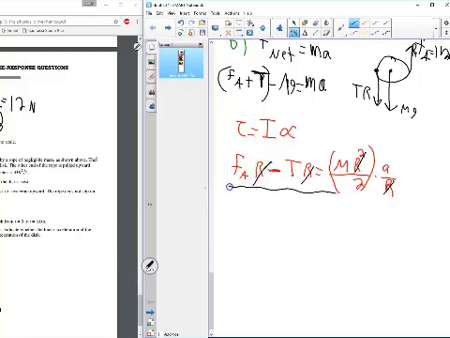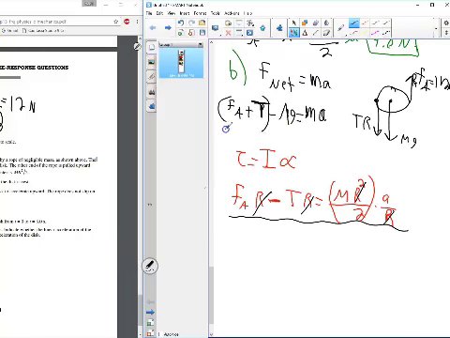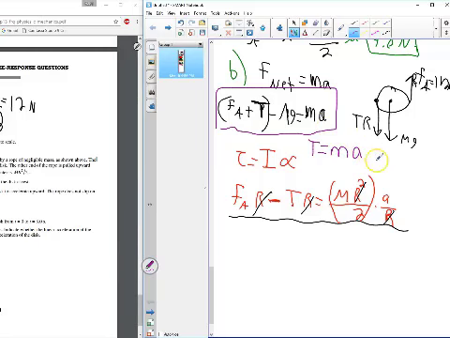And so we have one equation here, and we have another right here. Well, I'll use purple for this. So if we're going to solve for tension, tension would be equal to m times a, plus mg minus F sub A. So when we plug this in, we get F sub A minus T. Well, T is ma minus mg.